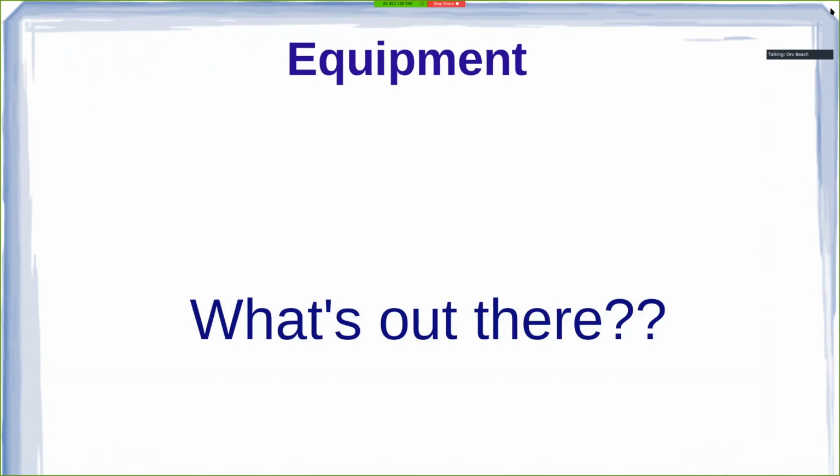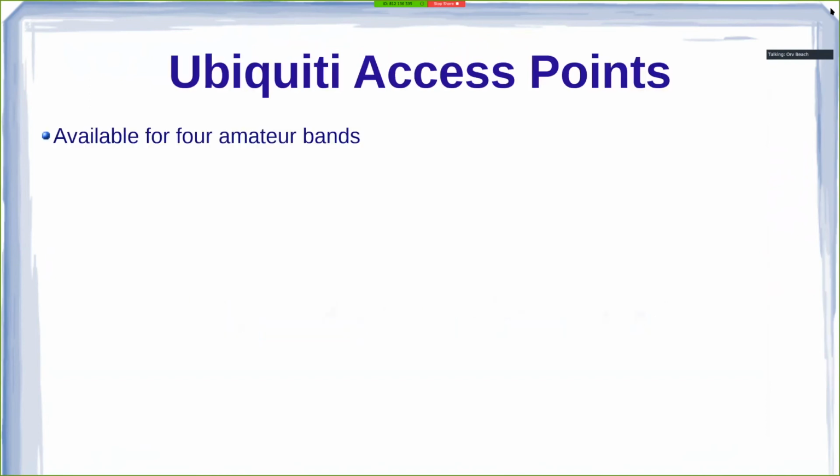But what about the equipment? What do you use? About 5 years ago, the people developing the mesh networking code for ham radio discovered that they could port it from Linksys to the Ubiquiti access points.